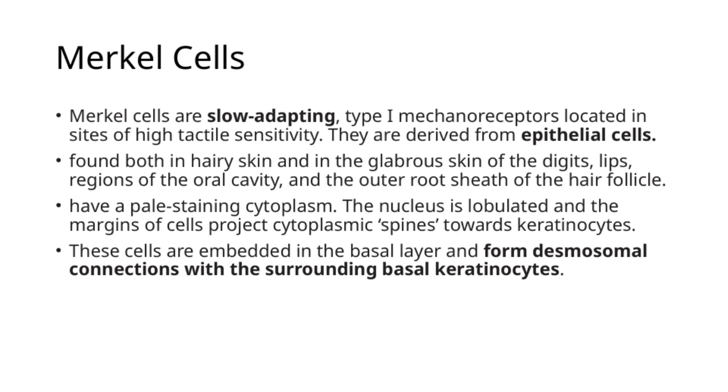When you look at them under a microscope, you'll notice they have a pale staining cytoplasm, making them distinguishable. Their nuclei are lobulated, giving them a distinctive appearance, and their cell margins project cytoplasmic spines towards nearby keratinocytes, which helps facilitate communication. These cells are embedded in the basal layer of the epidermis and form desmosomal connections with surrounding basal keratinocytes.